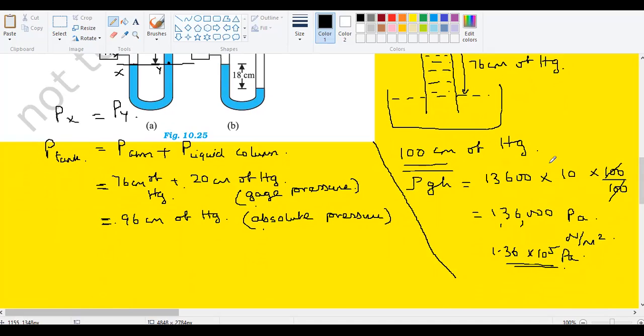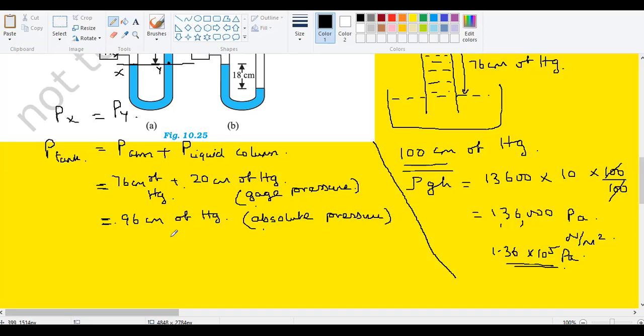Again, let me say this one more time. If you are getting confused, so far you said pressure is measured in Pascal or Newton per meter square, and now you are writing it in centimeter of mercury. Well, you know that liquid column pressure can be talked in terms of centimeter of mercury or centimeter of any other liquid for that matter. So I can say 96 centimeter of water, 96 centimeter of mercury, 96 centimeter of alcohol, it can be anything. But each one will mean a different pressure, because you have to check the rho GH.